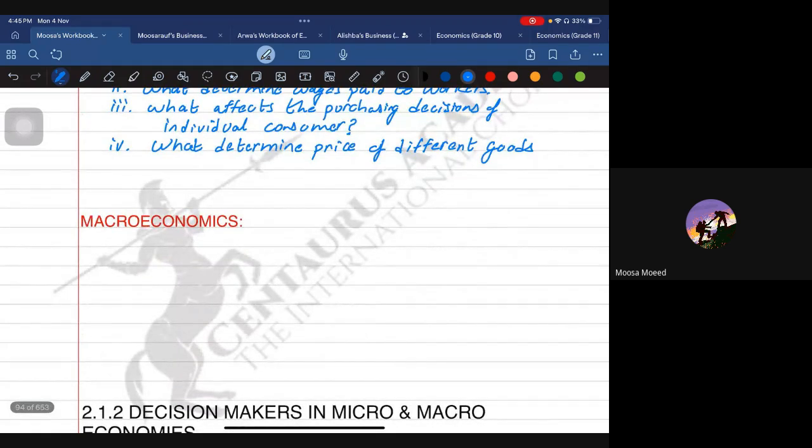Macroeconomics studies economic issues and actions that affect the whole economy.